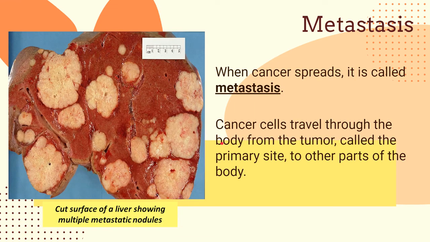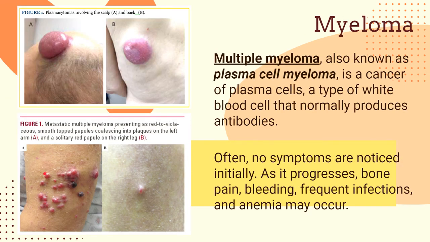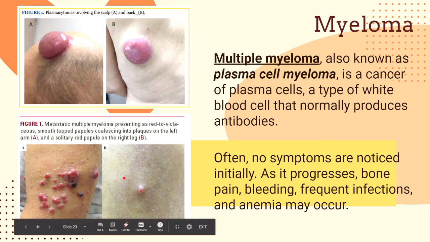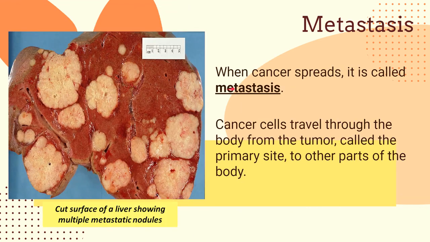Now, we've mentioned several times the term metastasis. So that is the term given when cancer spreads. Normally, they will just start in one area. But since they are considered malignant, they can invade other parts of the body. They can undergo metastasis. So here we have a cut surface of a liver showing multiple metastatic nodules.